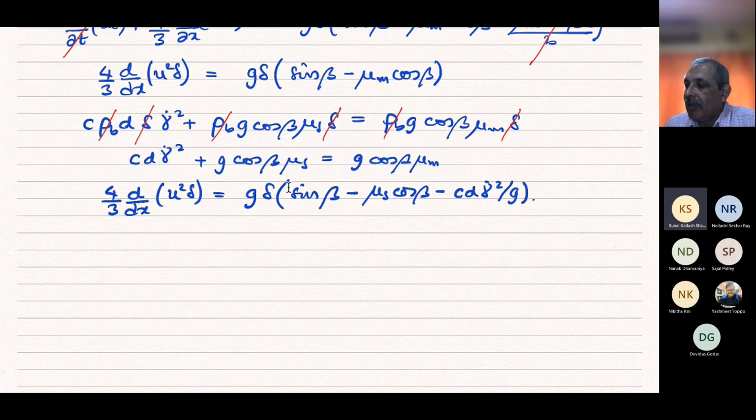So you have essentially this type of expression. Now the reason I wanted to put it like this is that it's more convenient to think in terms of mu s rather than mu m in this particular problem.